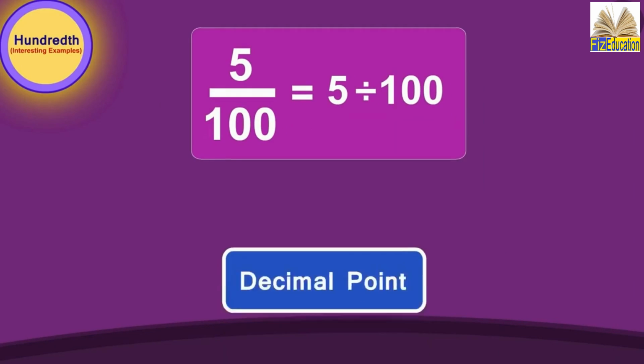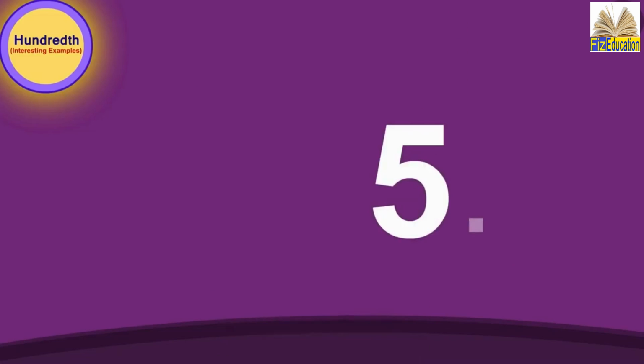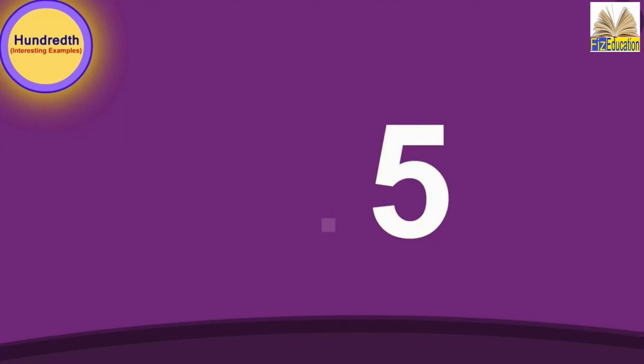To write it using the decimal point, we will move the decimal point to the left once, starting from the end of 5 first, according to the procedure taught by Uncle. And then, because 5 is made up of only one digit, we will once again move the decimal point to the left by adding a 0 to the left of 5.